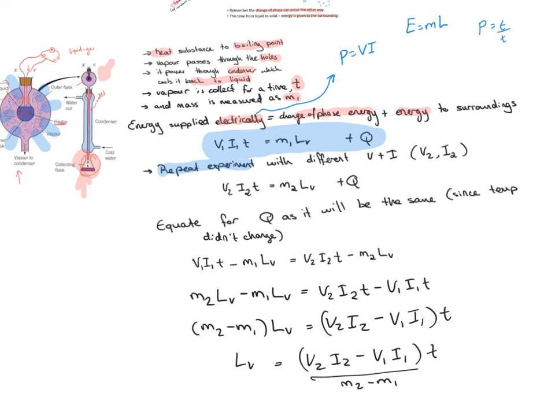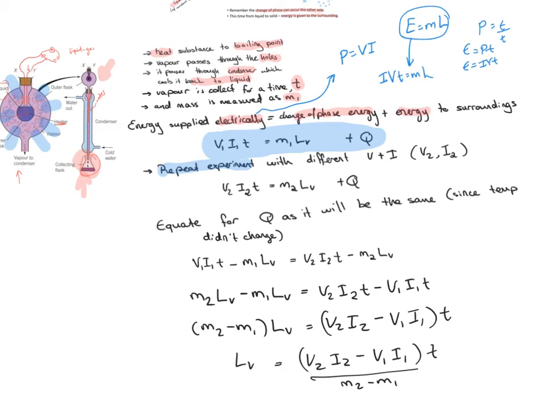So if I times both sides of the equation by time, then I can get the energy. So energy is power times time. Energy is IVT. So then I have this expression as IVT is equal to M times L.